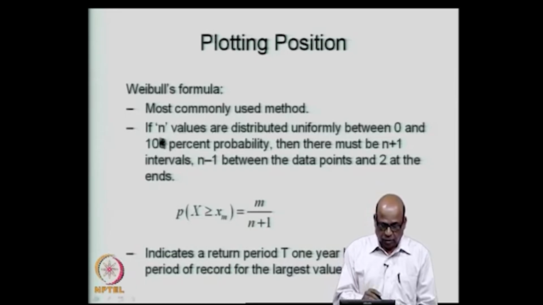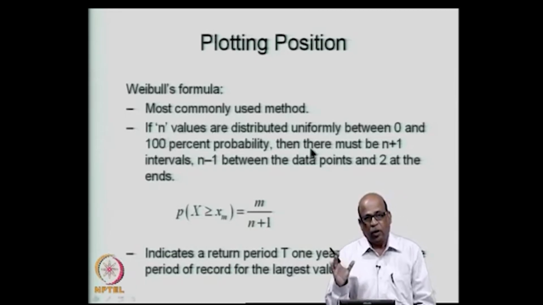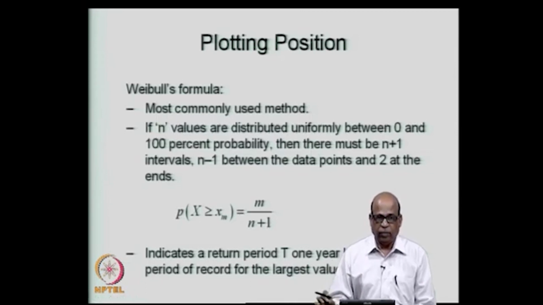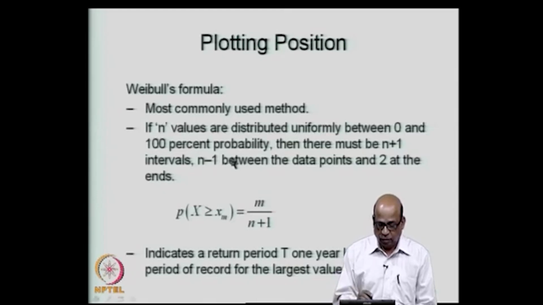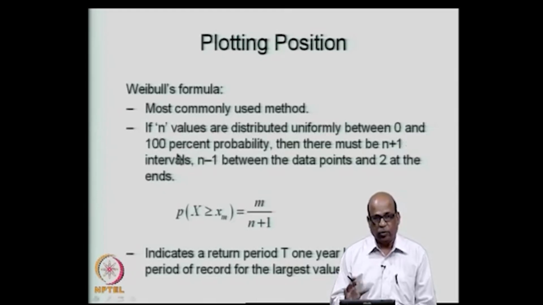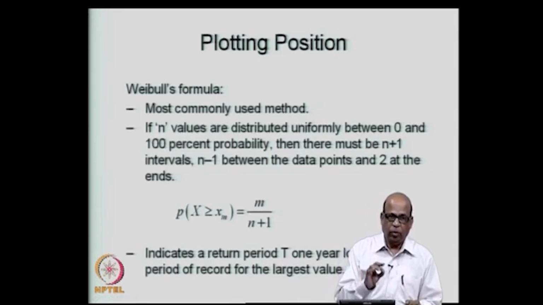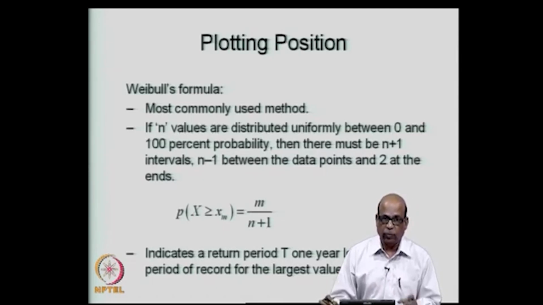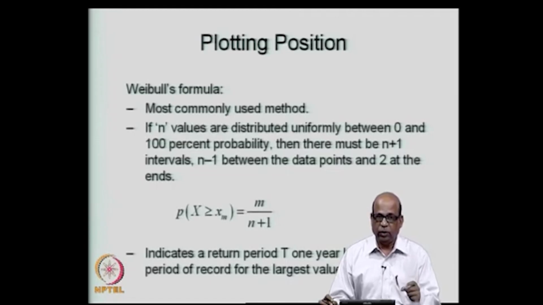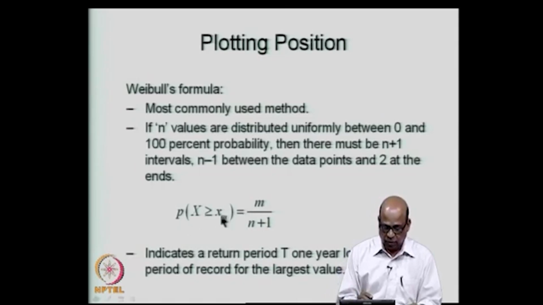So, if you have n values which are all distributed uniformly, let us say you have the data sample, and this data is uniformly distributed between 0 and 100% probability. That means there is no probability band which has more data than any other probability band. That is the assumption. Then the probability of x being greater than or equal to x m is m divided by n plus 1.